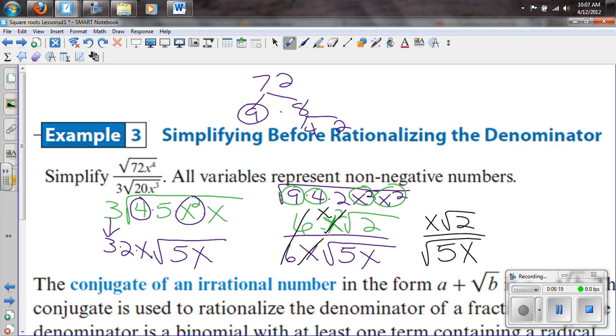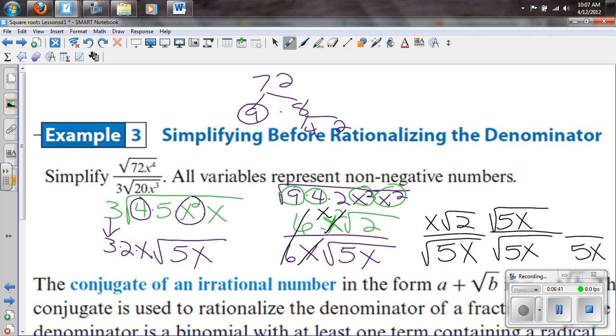And now we can apply our radical solution that we use by multiplying the top and bottom by the square root of 5x. And so when we do that, square root of 5x times square root of 5x is 5x on the bottom.